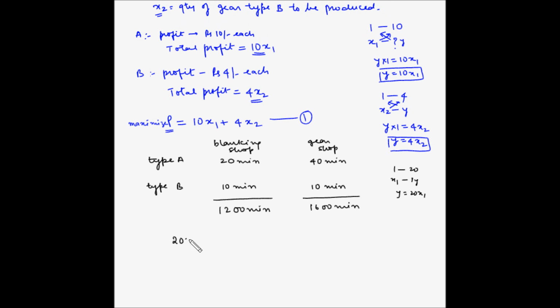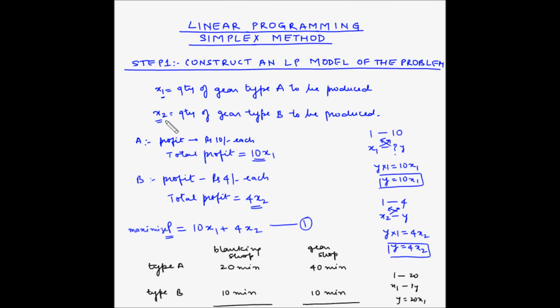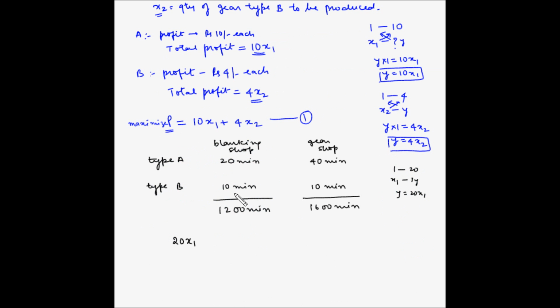So 20 times x1. Now each gear of type B needs 10 minutes on the blanking shop, and the total number of type B gears is x2. So the total time needed for processing all the gears of type B will be 10 times x2. So 20x1 plus 10 times x2.